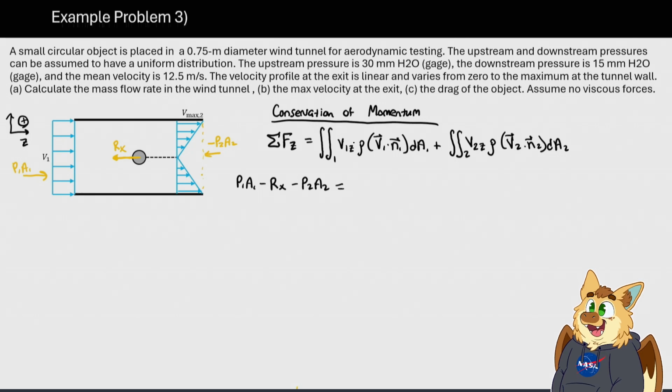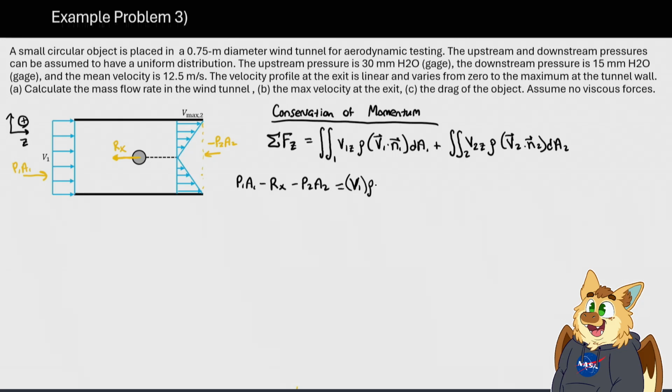because our inlet condition does not have anything varying over the inlet area, that means that we don't have to integrate here. So we can go piece by piece. V1z is very simply just 12.5 meters per second. I'm just going to write that as V1 for now, because V1 only travels in the z direction, and it's positive. This term is positive.